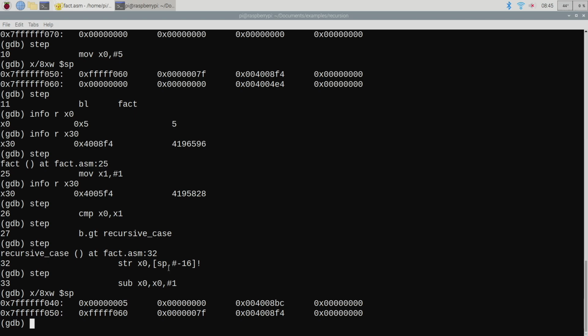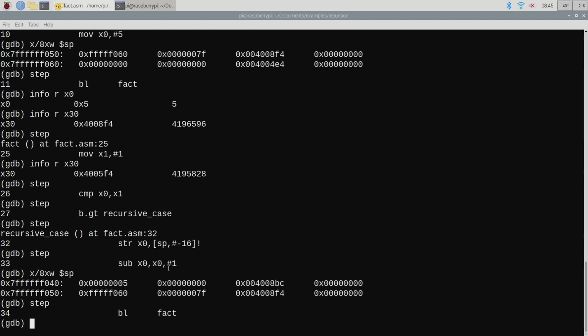Yeah, I put the 5 on it. It looks like there happens to be some other data there, but I don't care about it. But the number 5's there, and I'm about to subtract 1 from the 5, so I can compute 4 factorial. All right, and now I'm going to branch and link to fact.